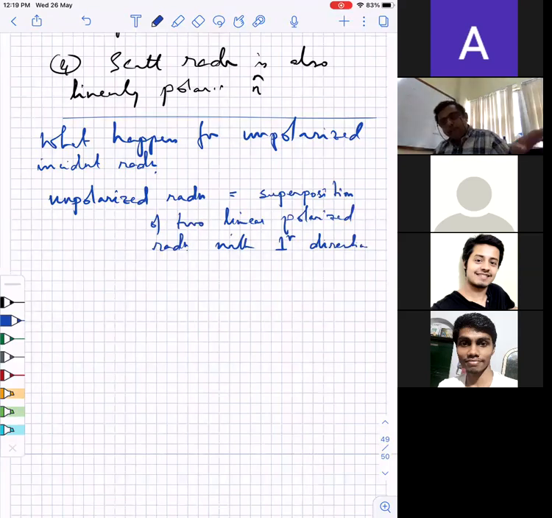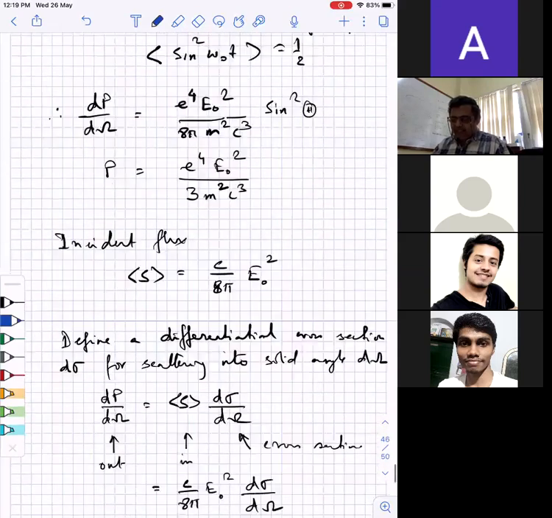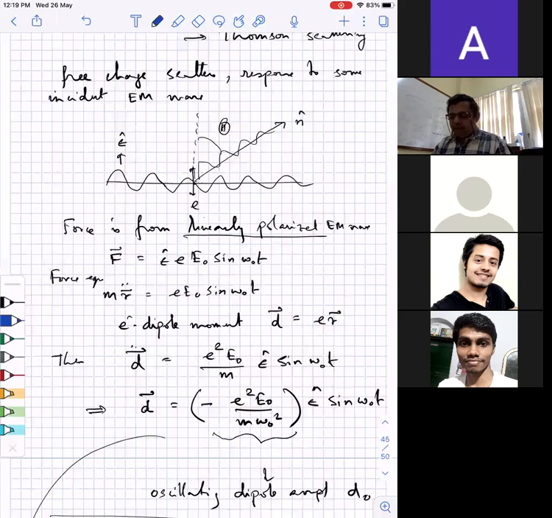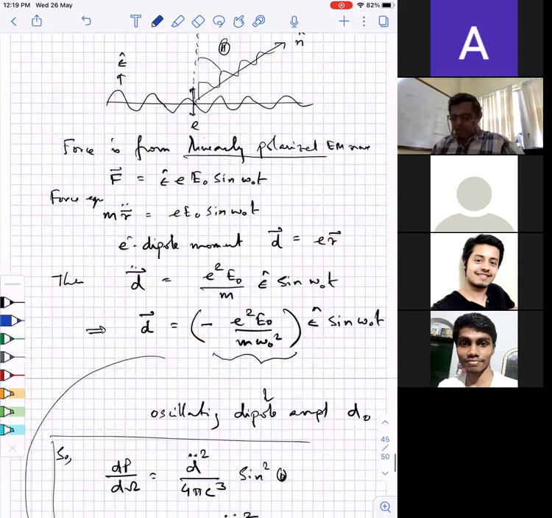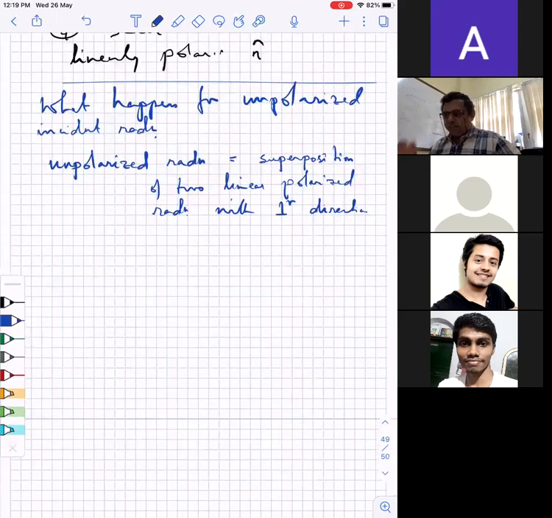So I can draw the same picture that I drew before, slightly separately. Now I have another polarization, which is perpendicular to this direction, so it will be out of the plane of the blackboard.